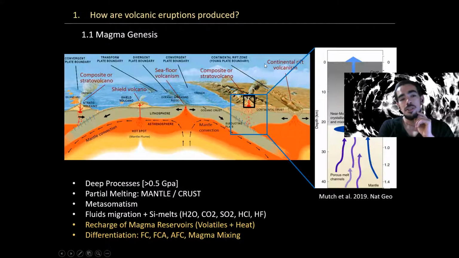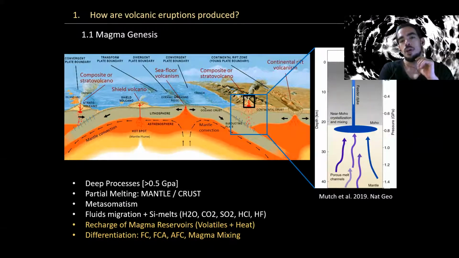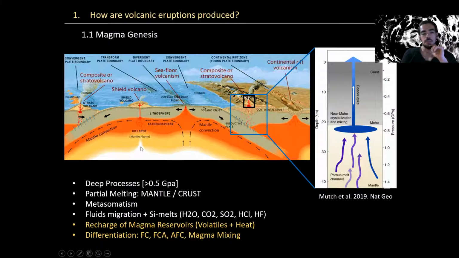So magmagenesis depends first of all on the tectonic setting, whether it is a junction between two tectonic plates where one goes below another, which is called a subduction zone, or whether it is in the middle of a tectonic plate, like in Hawaii, for example. So depending on the tectonic setting, we are going to have different processes forming different types of magmas.